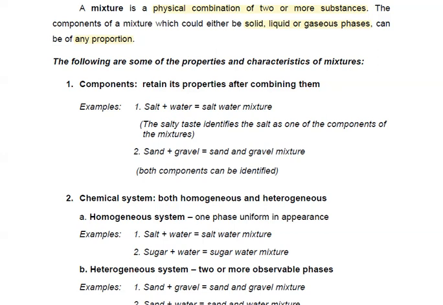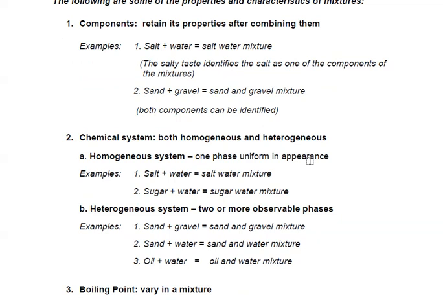Number 2, chemical system, both homogeneous and heterogeneous. Homogeneous system, one phase is uniform in appearance. So, pag combine mo si salt ug si water, ang mahitabo, salt water, this is pure liquid. Pag sugar ug water, pure liquid yapon ang sugar water. No? Isa ra siya ka mixture.